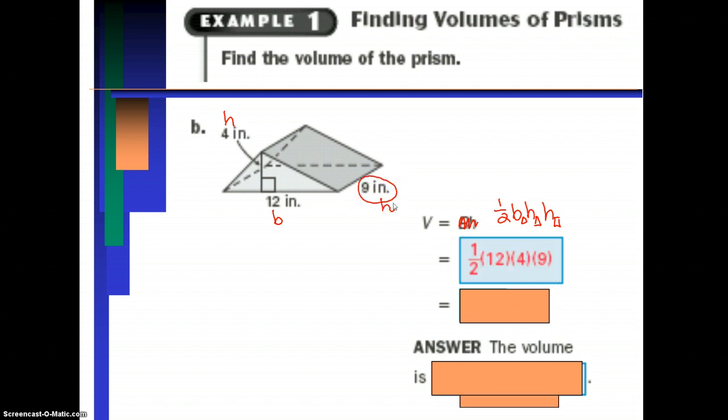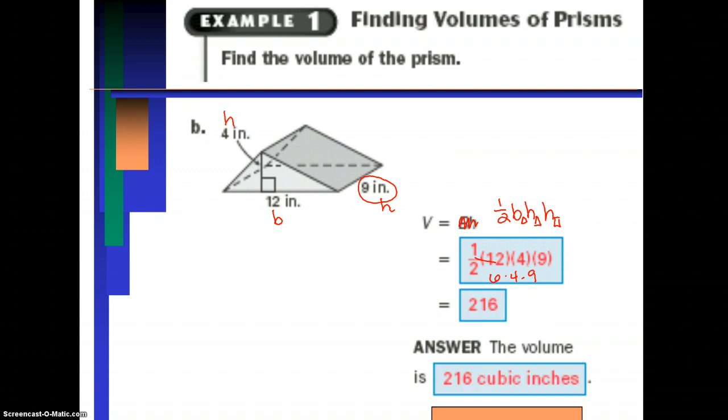So we're taking 1/2 times 12 times 4 times 9. Well, this is just 6 times 4 times 9, which equals 216 cubic inches. Again, you could just write 216 inches cubed.